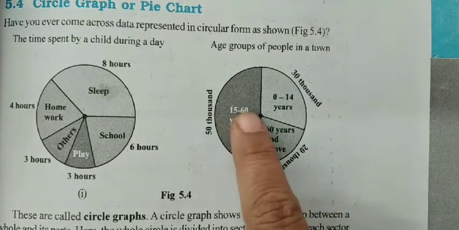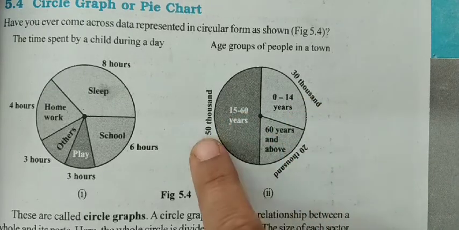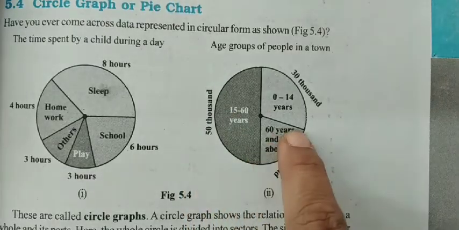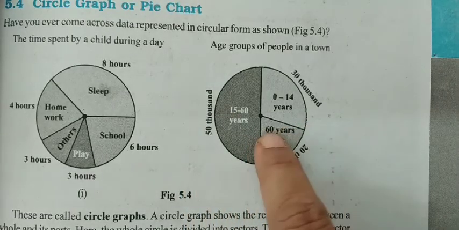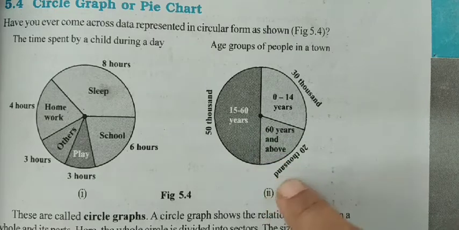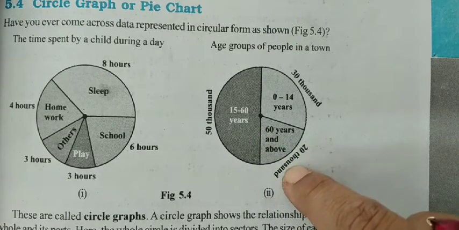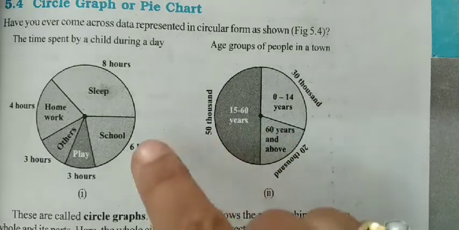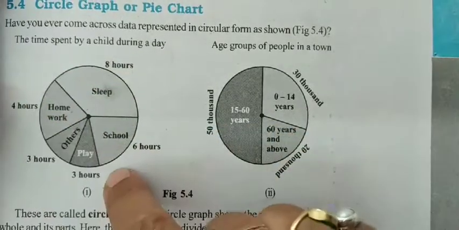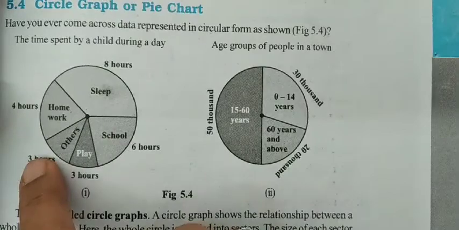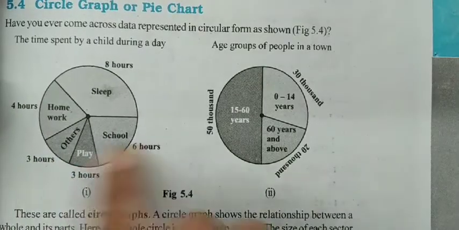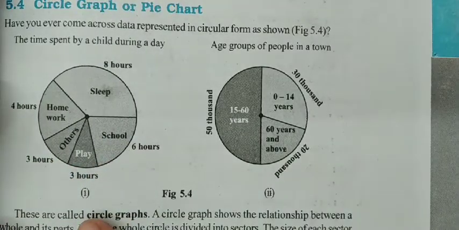Then 15 to 60 years, 50,000, and above 60, the number is 20,000. Then what will you do? Here you had added up the hours given, 8 plus 4 plus 3 plus 3 plus 6, okay, 24 hours.